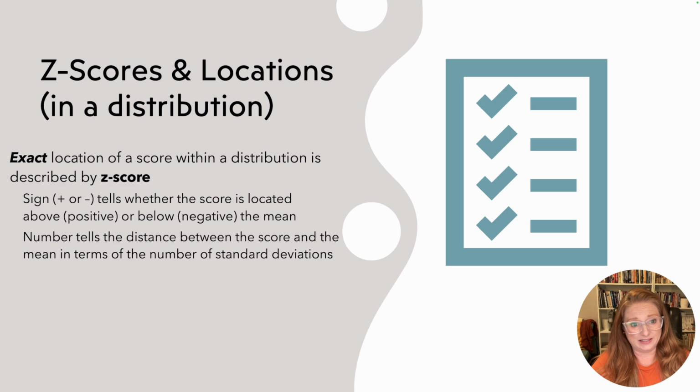If you're talking about debt, you want a negative z-score, because you want less debt than the average person. Then the number is the distance: how far away from average is it? The z-score is going to be a lot smaller, like positive 0.34, or negative 1.2. We're talking very, very small numbers.